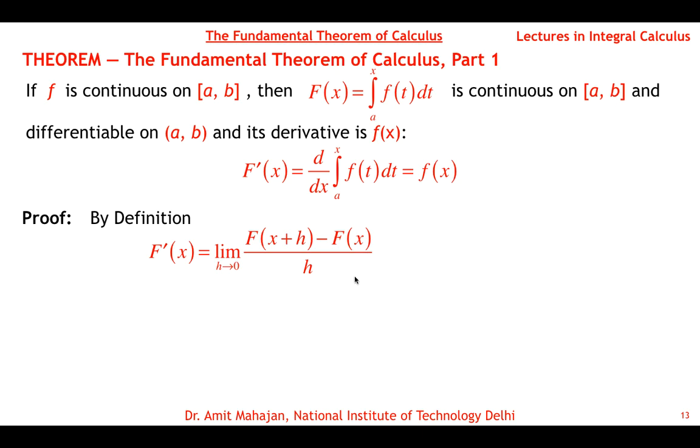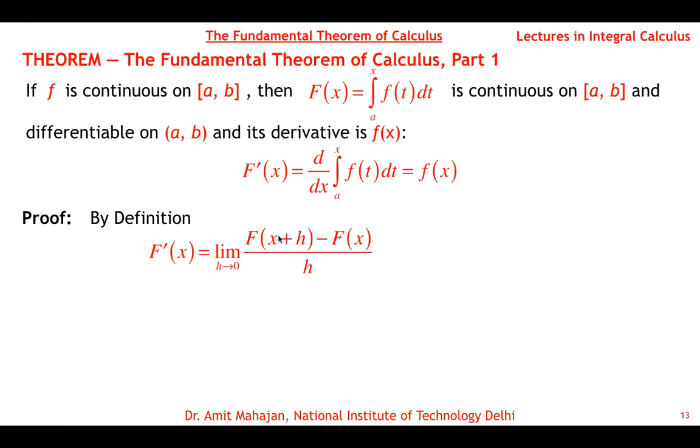Since F(x) is the integral from a to x of f(t) dt, we can substitute: F(x plus h) will be the integral from a to x plus h of f(t) dt, and F(x) is already there.